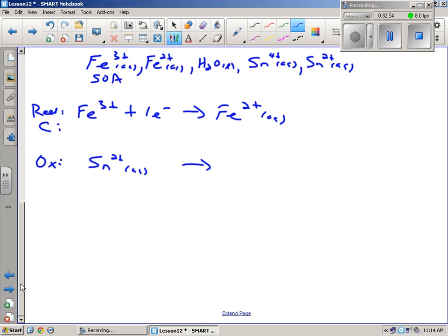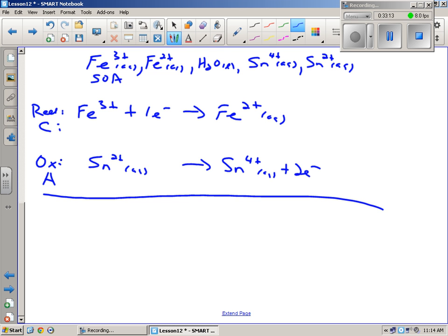Because that needs to lose electrons to turn into tin 4 plus, right? So quite often, if you understand electron stuff here, you're going to understand that it doesn't matter, right? As soon as you figure out the cathode and that one's gaining electrons, the other one has to lose electrons, so you're kind of limited on what you're going to pick there, right?